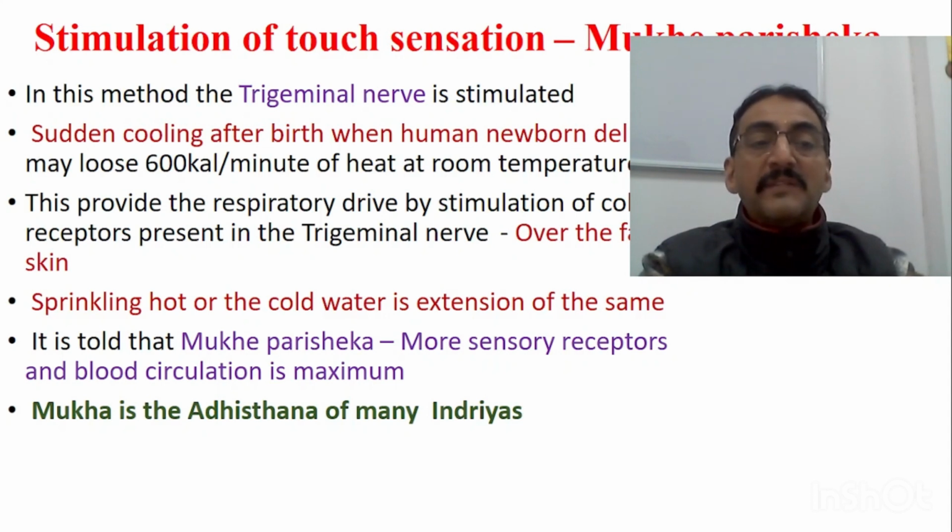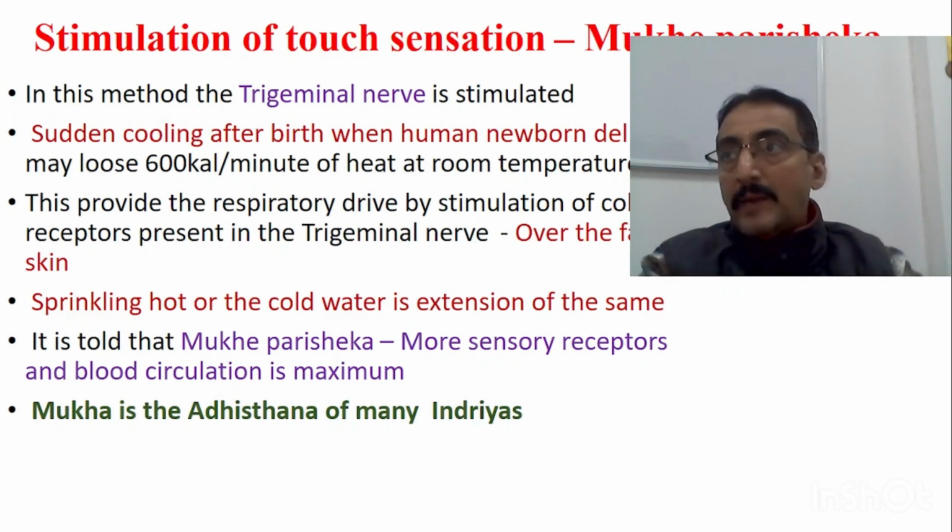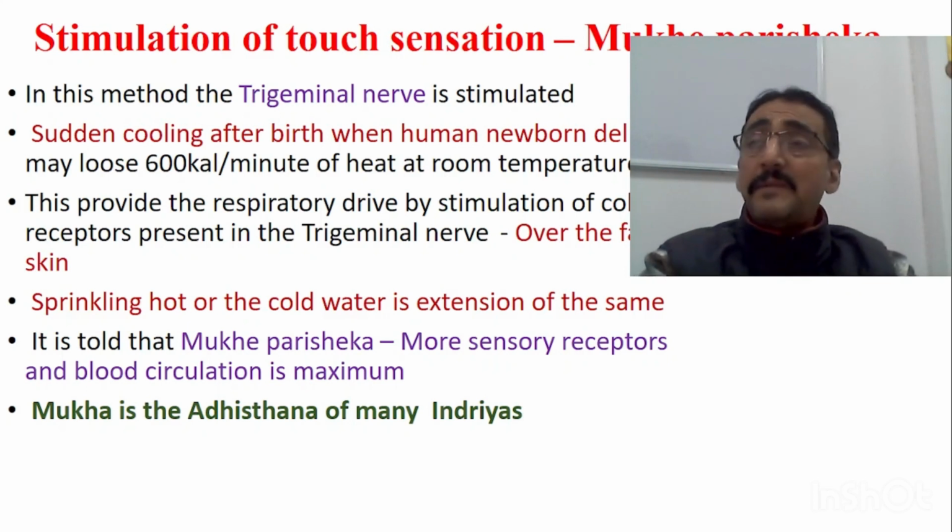So this is told as Mukhe Parisheka. More sensory receptors and blood circulation are there in the Mukha area, the facial area. Therefore, whenever we get angry, the face will be red, because more blood circulation is there in the facial area, and more sensory fibers are also there. Therefore, Ayurveda says Mukhe Parisheka. It should not be done over the other parts of the body. Do it on the Mukha area.